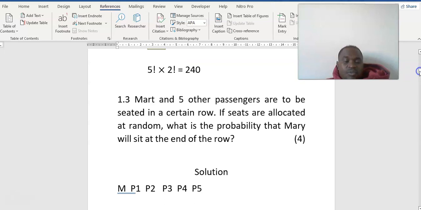So it means we have Mary and 5 other passengers, similar to the first one. If the seats are located at random, what's the probability that Mary will sit at the end of the row? Mary may sit at the end of the row here, or she may sit at the end of the row here.